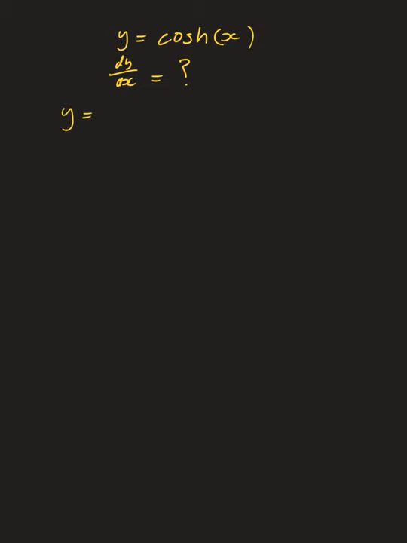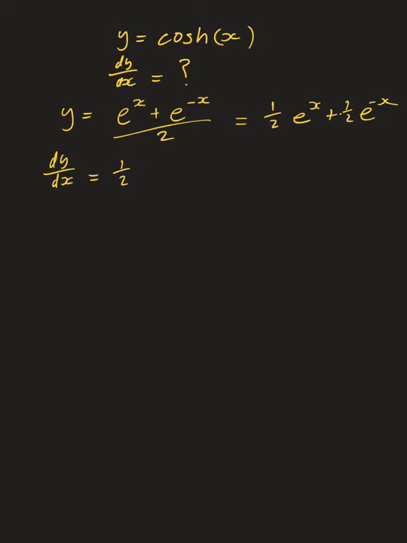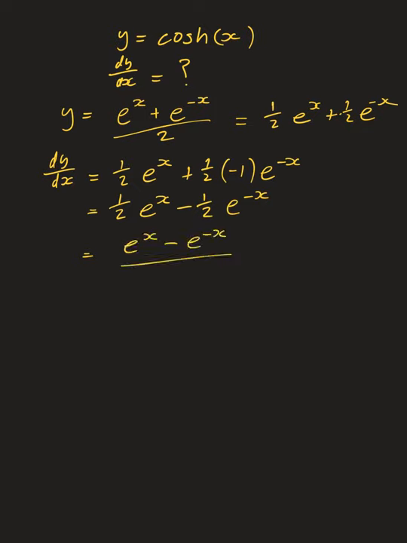We say y is equal to, we put in our definition for the hyperbolic cosine function, we split it up into two fractions, and then we differentiate. And we end up with e to the power of x minus e to the power of minus x over 2, which is nothing other than the definition for the hyperbolic sine function.